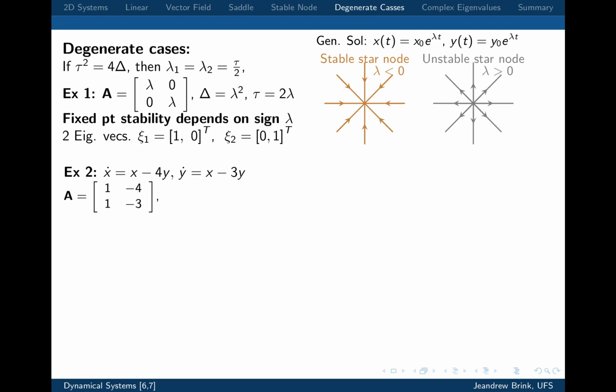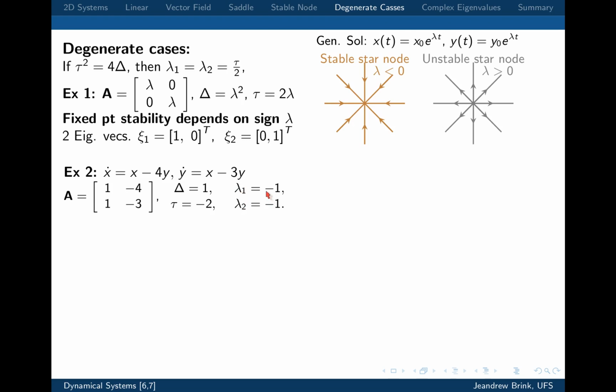So once again, you work out your matrix, you work out your determinant, which is 1, you work out your trace, which is minus 2, and then you check whether these obey that equation. And you can see they do, because minus 2 squared is equal to 4. When that happens, you work out your eigenvalues, and you see that both of them are minus 1.